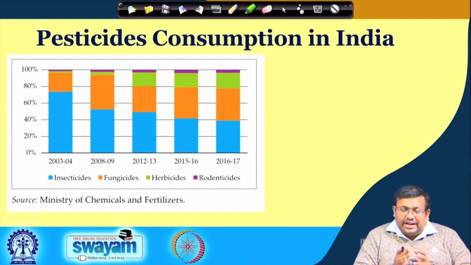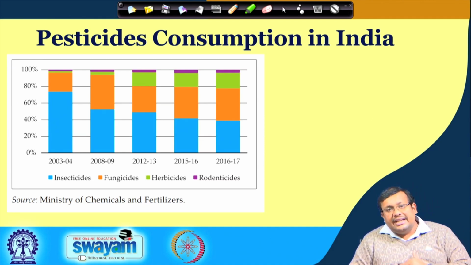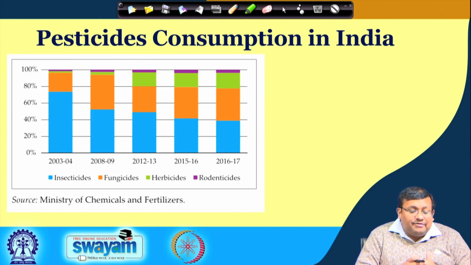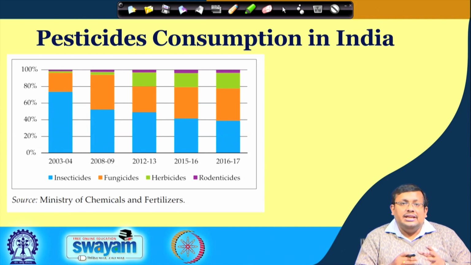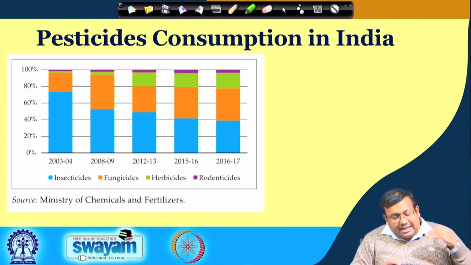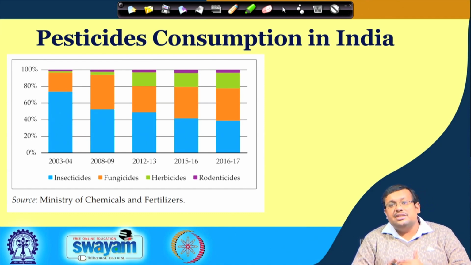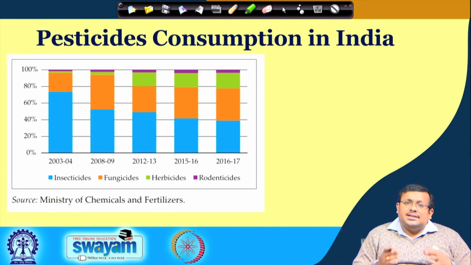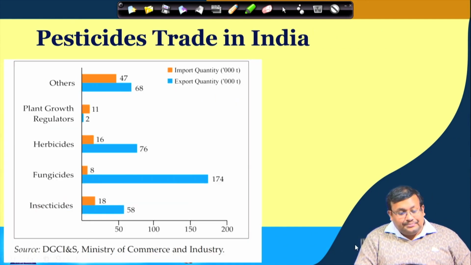As I have already told you, the consumption of insecticides has continuously decreased, while the consumption of fungicides, herbicides and rodenticides showed an increment, due to increased awareness of their specific use.